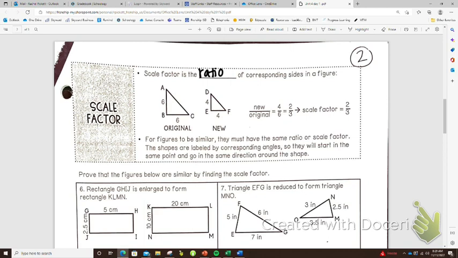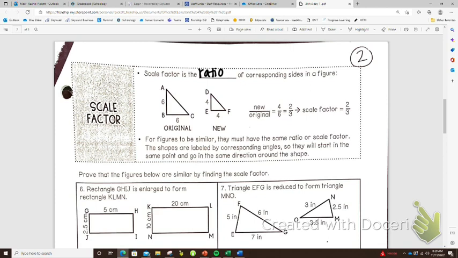So when you have two similar figures, one of them is going to be original and one of them is going to be new. To find the scale factor, you just pick a corresponding side on them and then do new over original and simplify. If the figures are similar, then the scale factor is going to be the same for every side length.